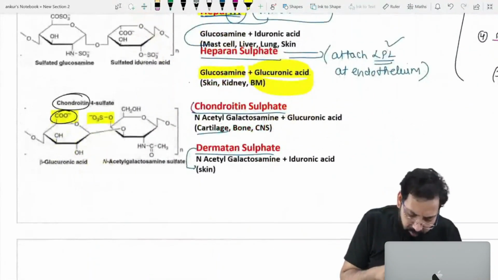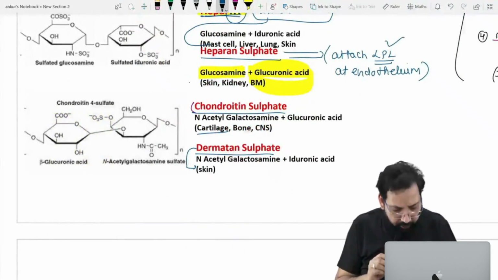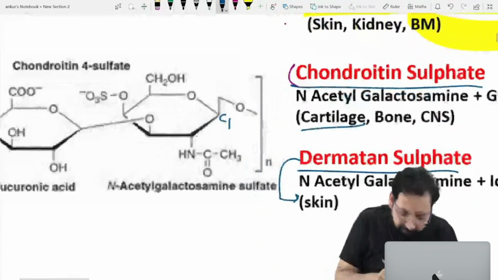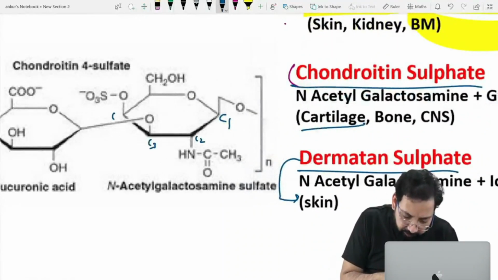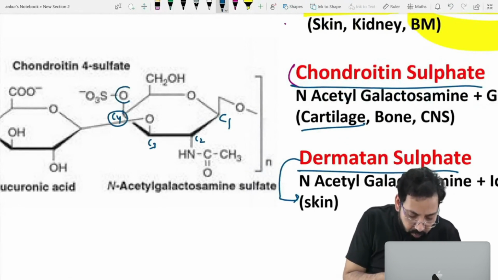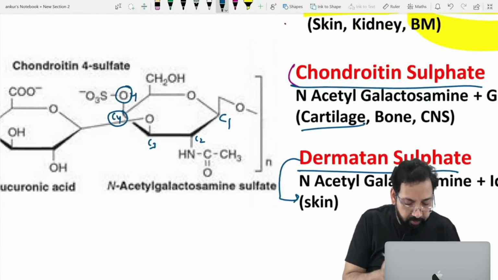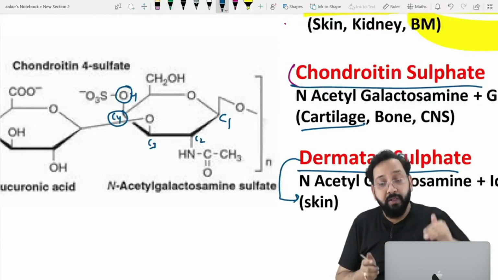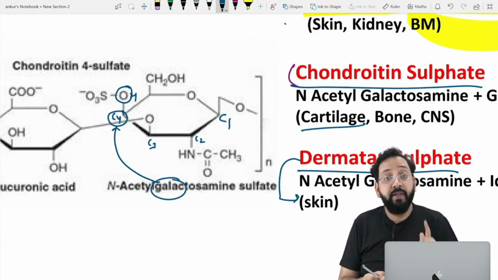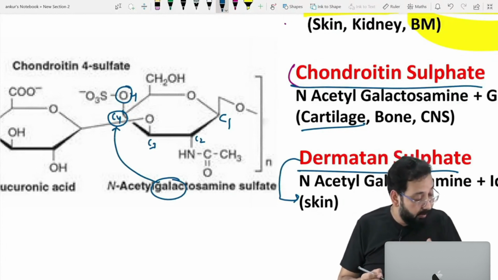Although it is unlikely they would ask such a tough question, this is C1, C2, C3, C4. At C4, OH is above the plane, that is galactose.